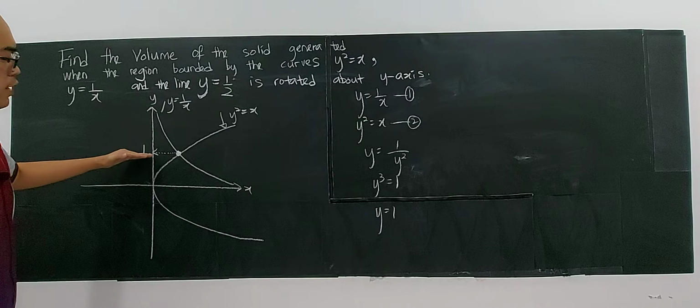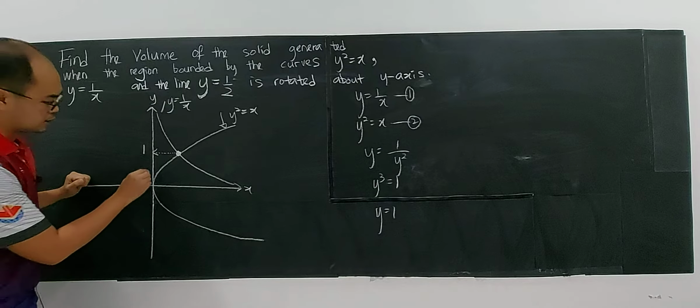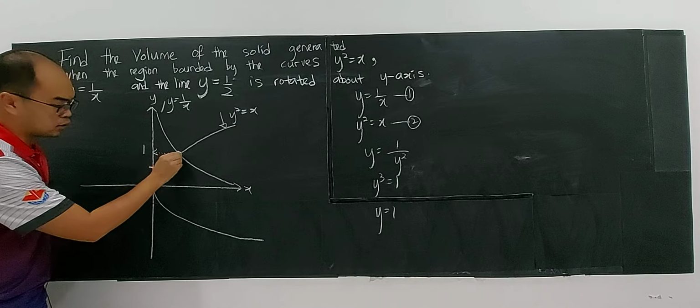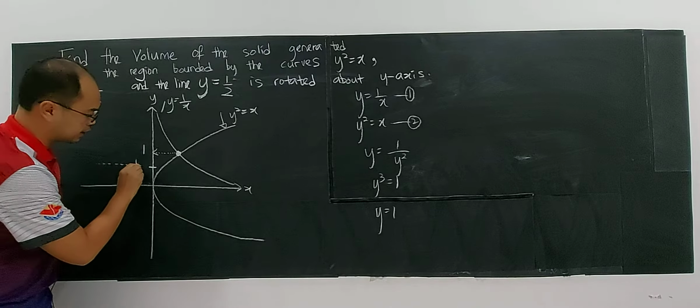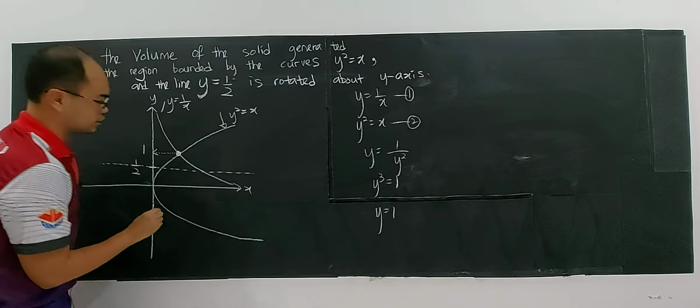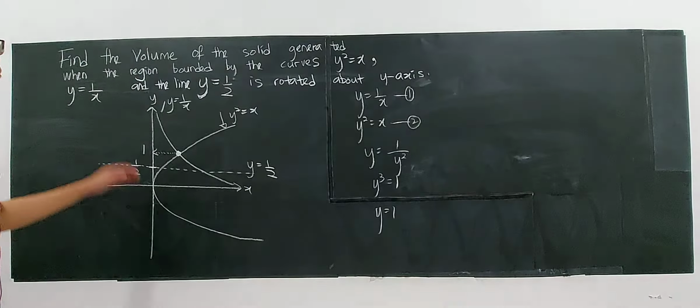Of course, if the y value here is 1, the line y equals 1 over 2 will be lower, somewhere around here. So this is the importance of finding this intersection point. So this line here is y equals 1 over 2. Where is the region bounded by these three?